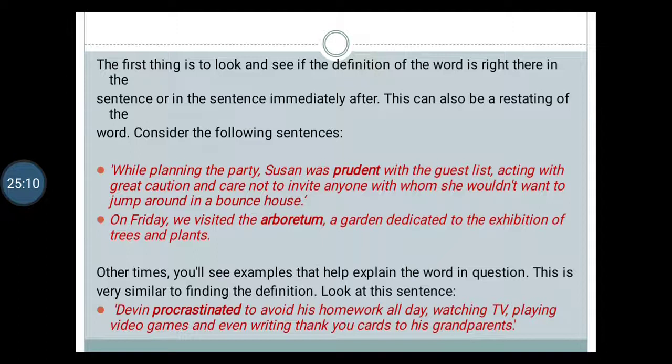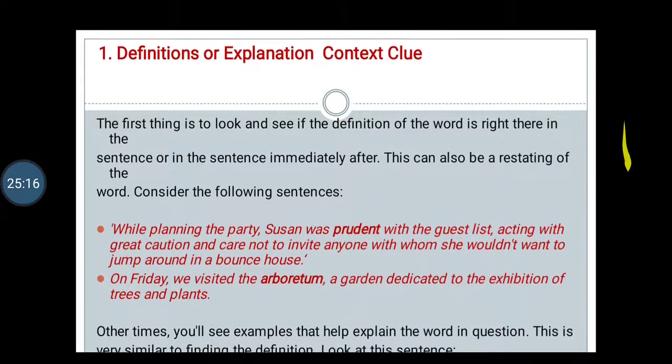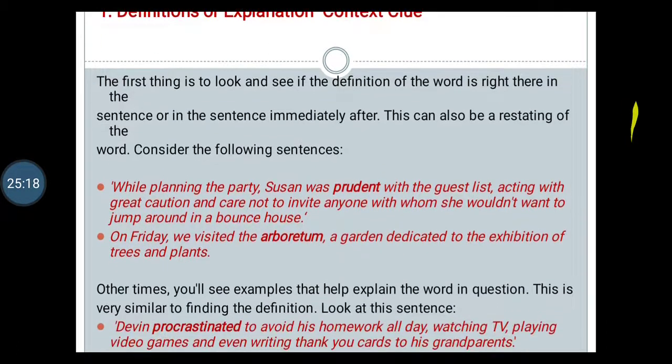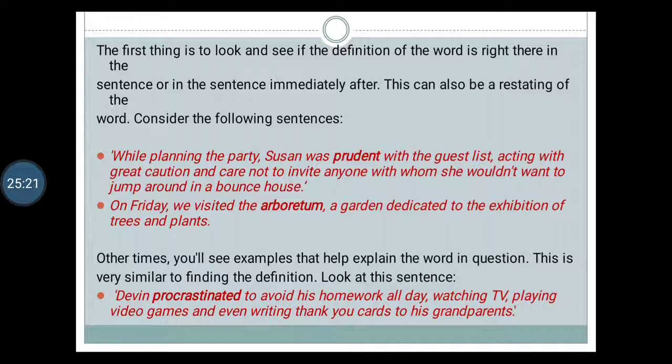So sometimes these words are actually defined or explained for us, but we are not careful enough to look and see if the meanings are there, or observe the meanings. Now, other times you will see examples that help explain the word in question.